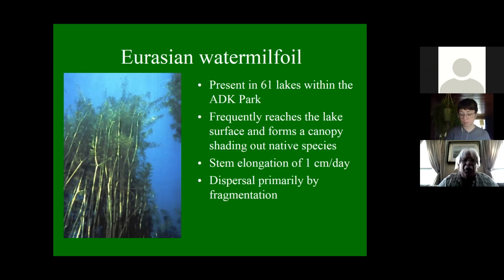After a week to a month, these fragments will sink to the lake bottom, and if they actually land in a place where they can grow, they'll start a new population of plant. What we see with Eurasian watermilfoil is every plant can produce hundreds of these little fragments every growing season. So they really are a very effective mechanism for spreading this plant around. And if you're out on your lakes or any lakes that have this plant present, you'll very frequently see small pieces of these plants drifting around.